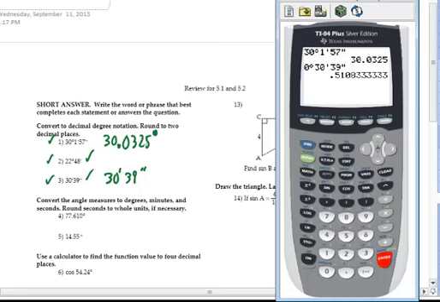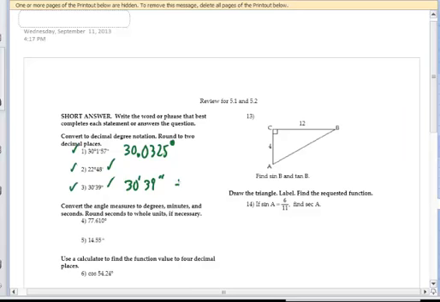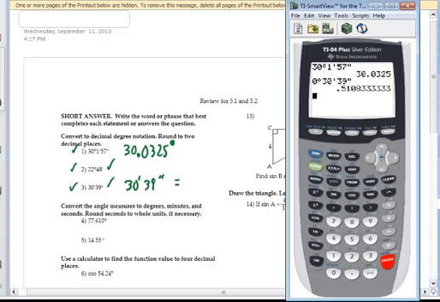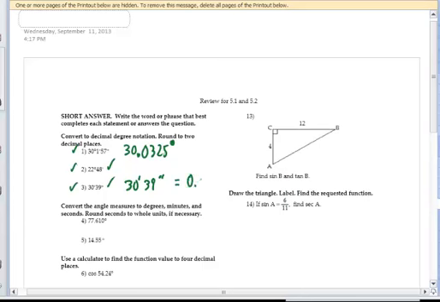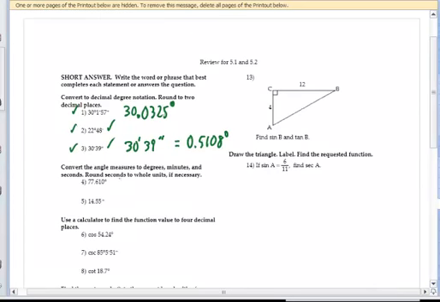And when you hit return, it will tell you that you have 0.5108 degrees.